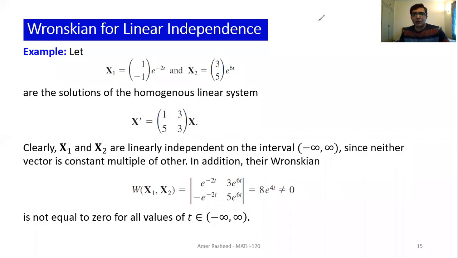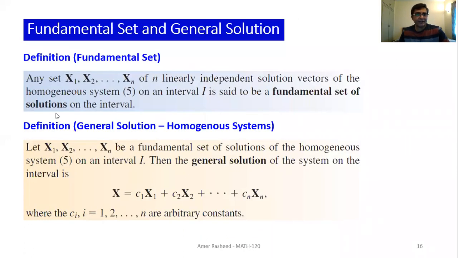So the next one is the fundamental set. If a linear system has n independent solution vectors, then that set is called a fundamental set. And how to write the general solution?